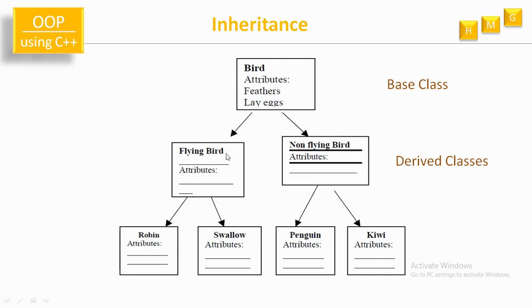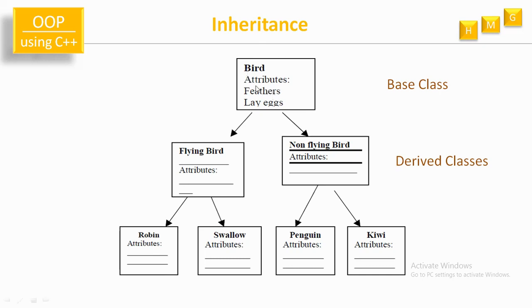One is flying bird and another is non-flying bird. Flying birds have the attribute that they can fly, and non-flying birds are the birds which cannot fly. So here there is a difference between these two classes. Both are birds only.